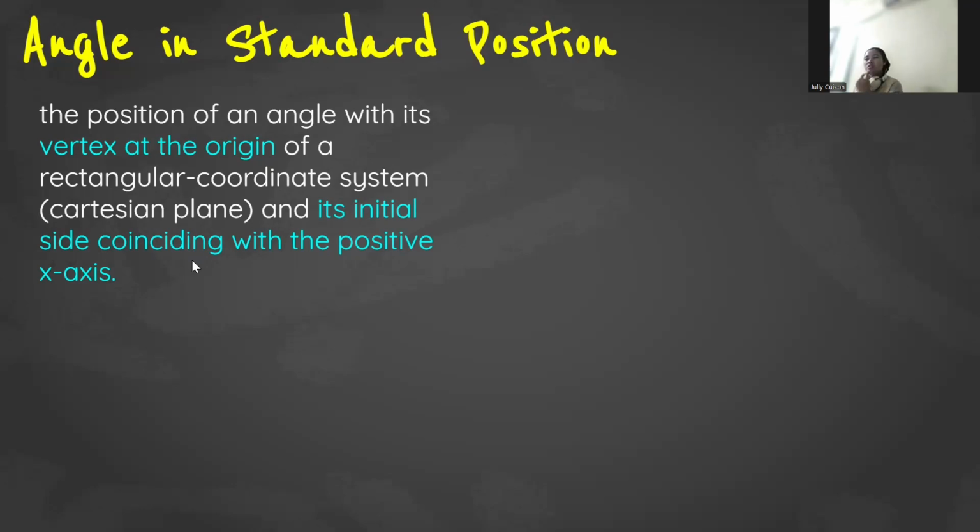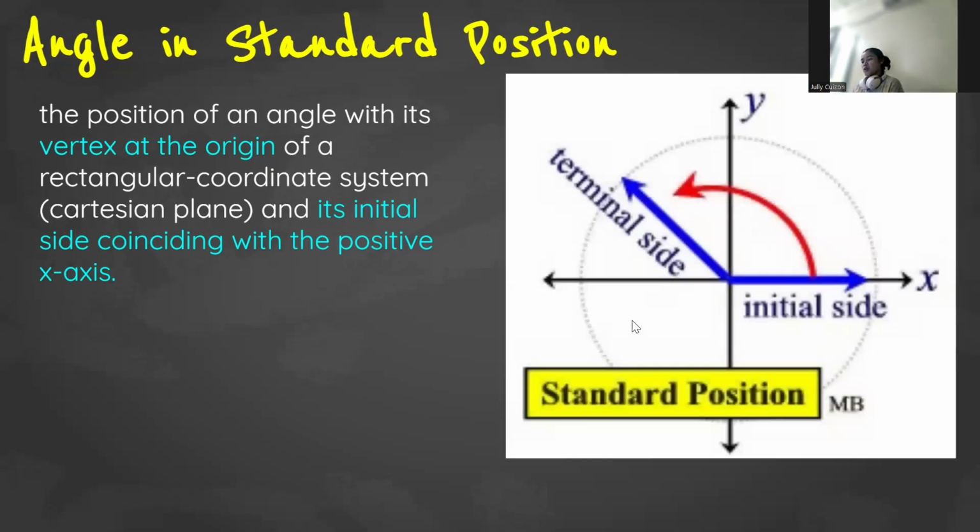Of course, it always starts with the positive x-axis. So this is the illustration. This is in standard position. So this is your positive x-axis, and the rotation is clockwise or counterclockwise, and it stops here. So kani siya nga side is what we call the terminal side.